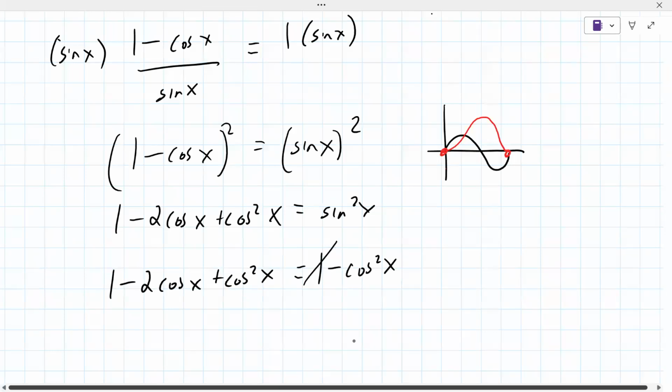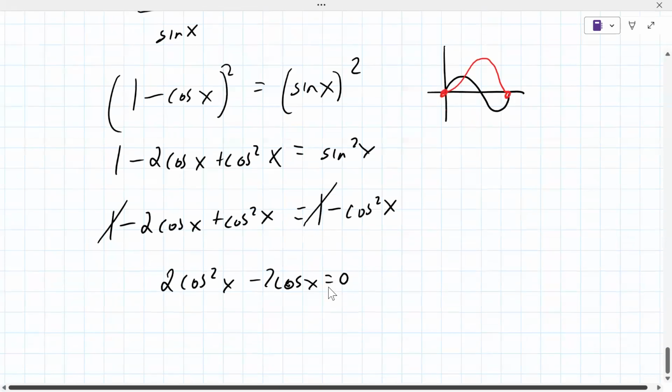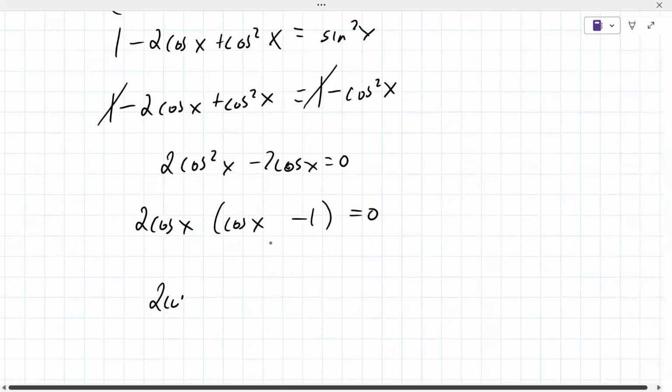The ones cancel. You move that over, so you get 2 cosine squared x minus 2 cosine x equals 0. You can factor out a 2 cosine x from both, and you get 2 cosine x times (cosine x minus 1) equals 0. So cosine x equals 0, or cosine x equals 1.